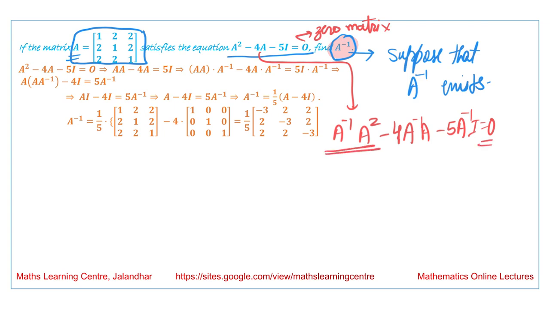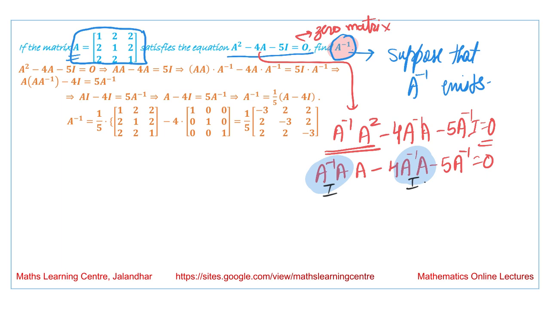Now A inverse into A square means A inverse into A into A, minus 4 times A inverse into A, minus 5 times A inverse is equal to 0. Now look at this term over here, it is A inverse into A, this is A inverse into A, and we know that the value of A inverse into A is I.